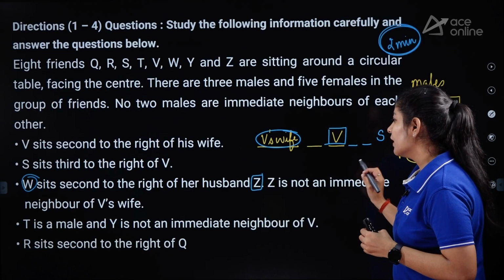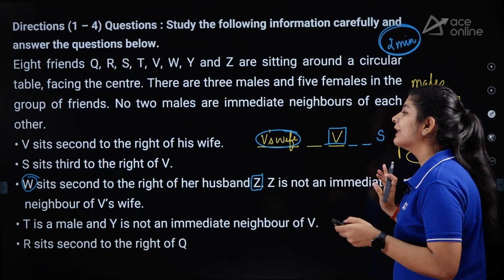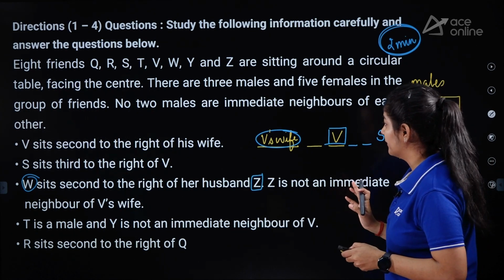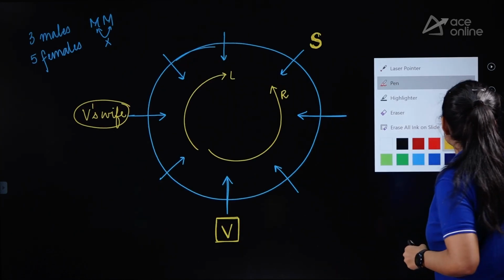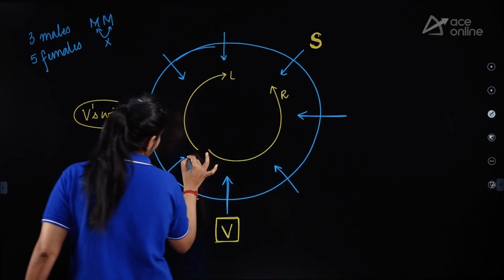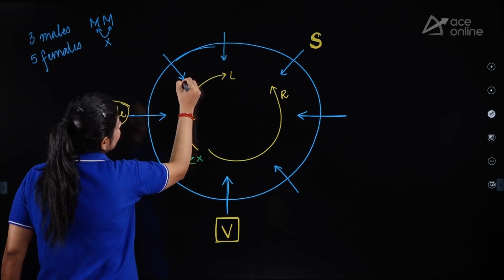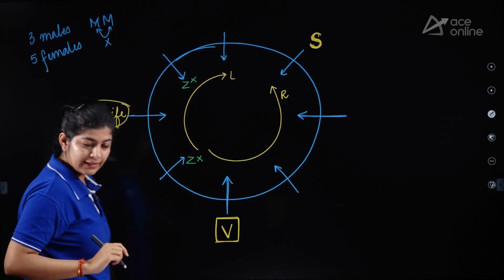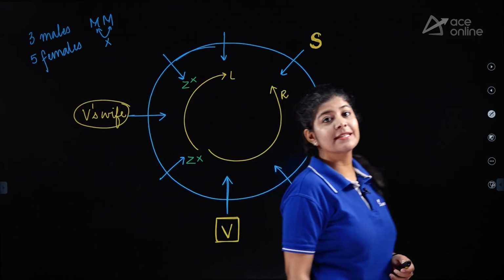Next, Z is not an immediate neighbor of V's wife. So we can't place Z here, and we can't place Z here either. And Z is a male.